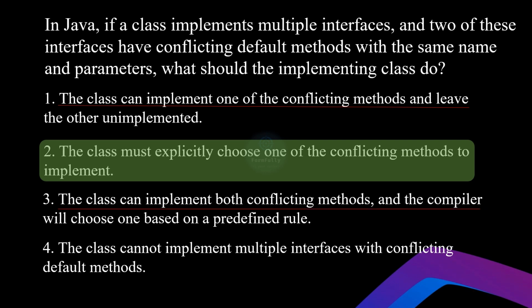Option A and option C are incorrect, as a class cannot leave one unimplemented or rely on the compiler to choose one. Option D is incorrect because it is possible to implement multiple interfaces with conflicting default methods, but the class must resolve the conflict by explicitly choosing an implementation. So option 2 is correct.